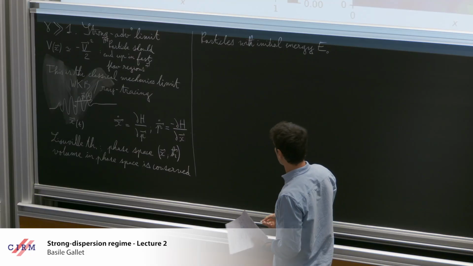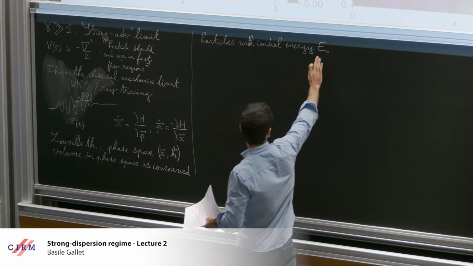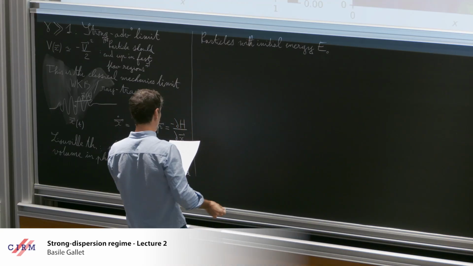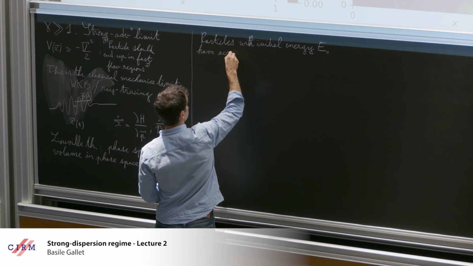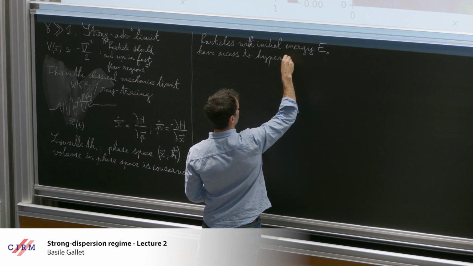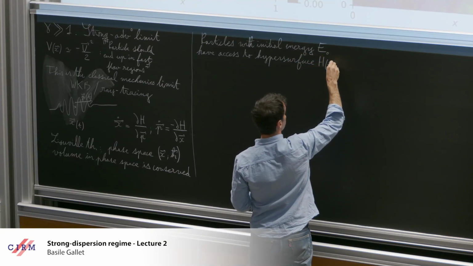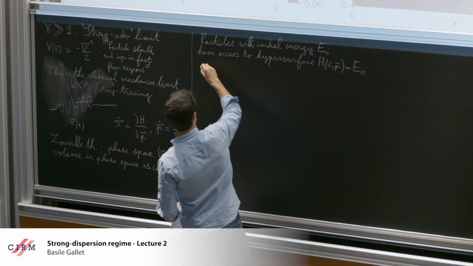And so these particles, they only have access to a hypersurface of the phase space, which is when the Hamiltonian is equal to E0. Okay? They have access to a hypersurface h of xp equals E0 in phase space.